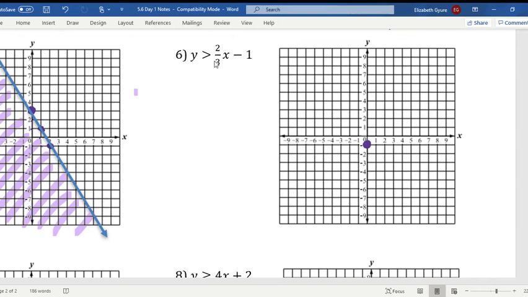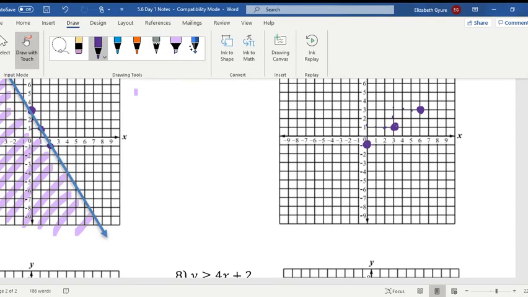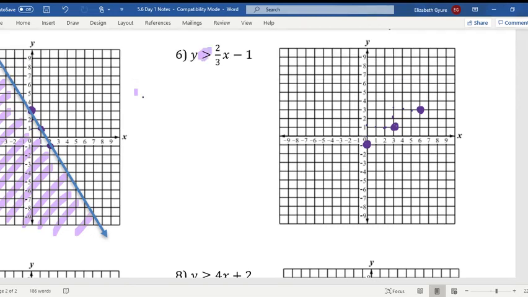Nick, how do you think I'd count out a slope of 2 over 3? Yep, very good. We go up 2, over 1, 2, 3. And we can do that again, up 2, over 1, 2, 3. Good. Now our symbol here is just a greater than symbol.